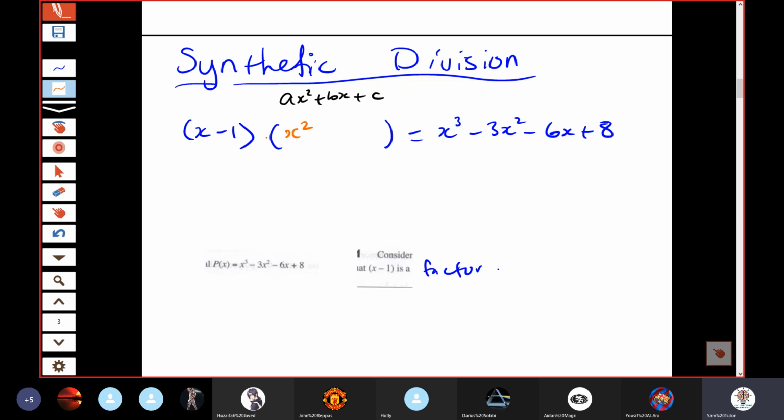The next one you do, if it's fully factorizable like this, is the last digit. So minus 1 times what at the end would expand to give you an 8? Minus 1 times what would give you a positive 8?